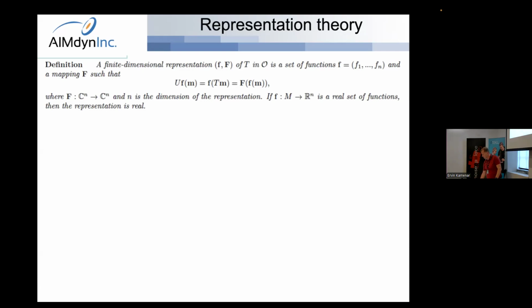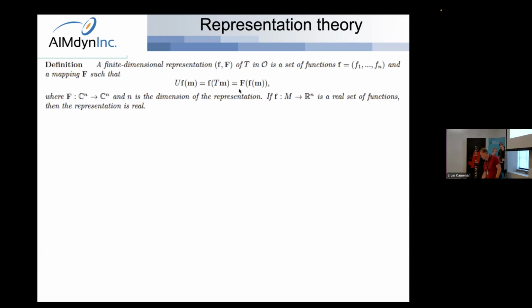In previous talks, I spoke quite a bit about the topic of representations. The idea of a representation is turning the idea of embedding on its head. It basically says, let's say that you have a linear operator U, a Koopman operator associated with some process, but I don't know the model.